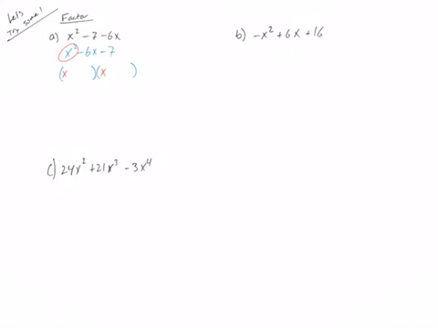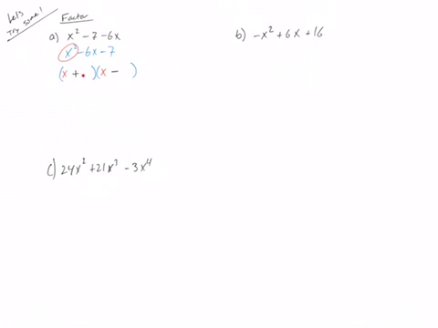Now, because this last sign is negative, I know that my signs need to be two different signs. One's going to have to be positive, one's going to have to be negative. As a standard, I always put the first one positive and the second one negative. Now what I have to do is figure out what number to put here and here.